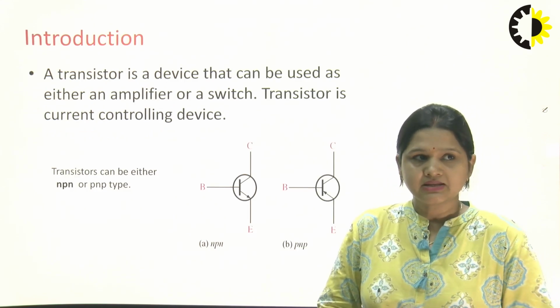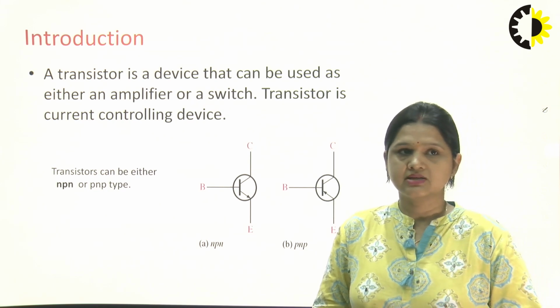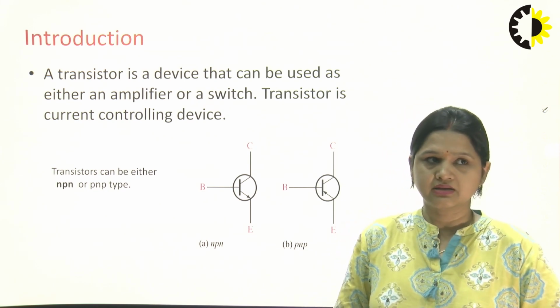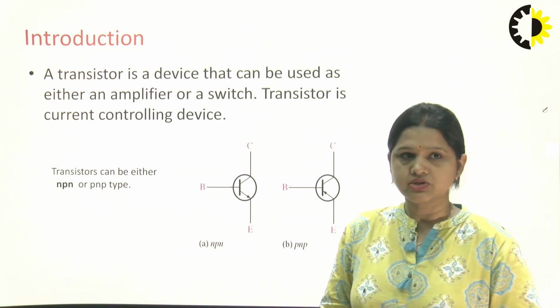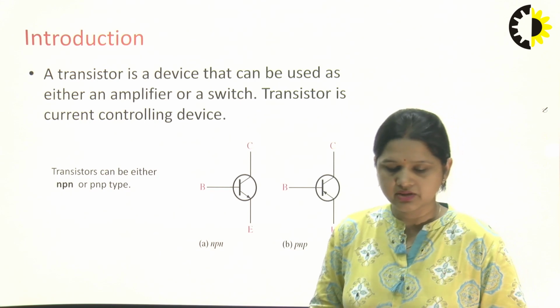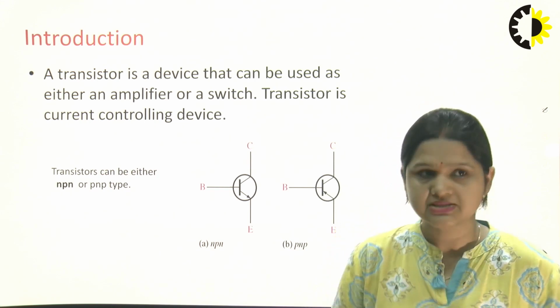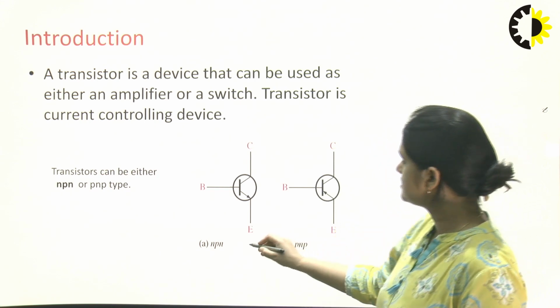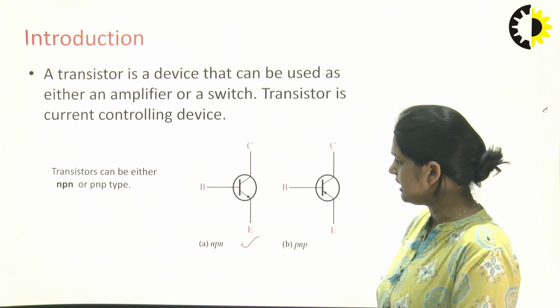So you can see that a transistor is a device that can be used as either an amplifier or a switch, and the BJT is basically a current controlled device. Here you can see that this diagram is for an NPN transistor.